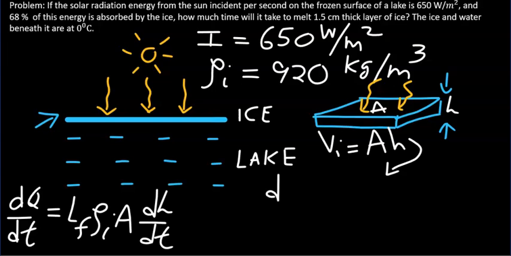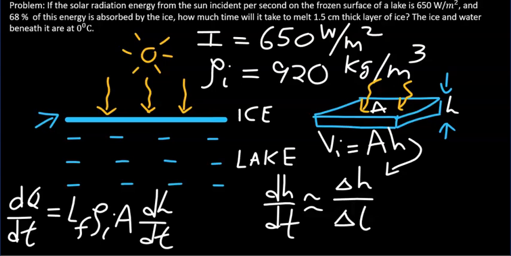We can look at that derivative dH/dt as the thickness of that ice layer, delta H, over the time interval delta T that is required to melt that much ice. So let's substitute that information in here. Delta H over delta T.